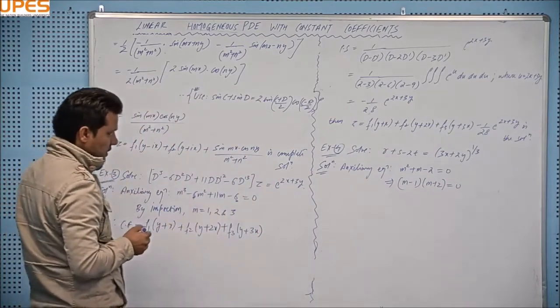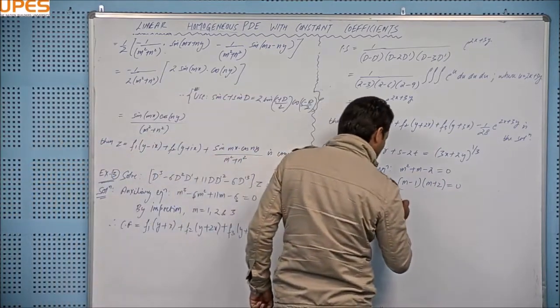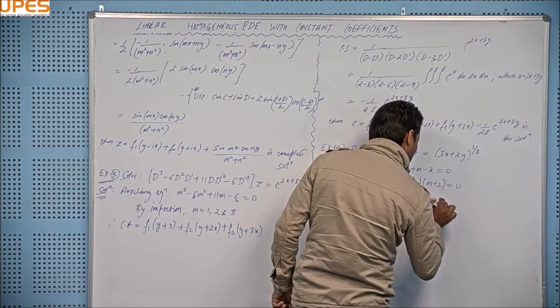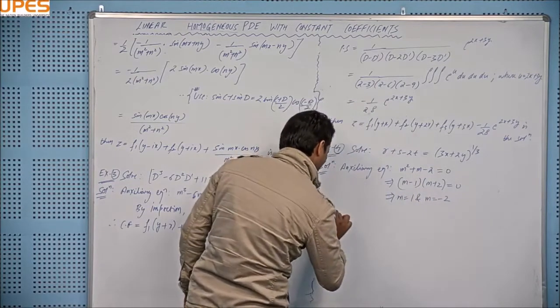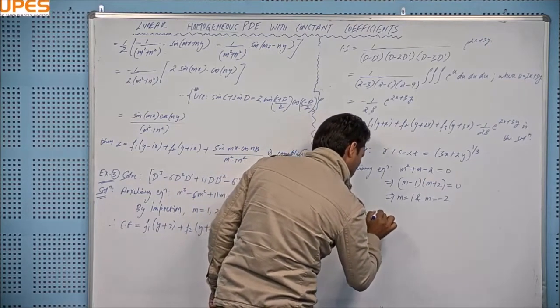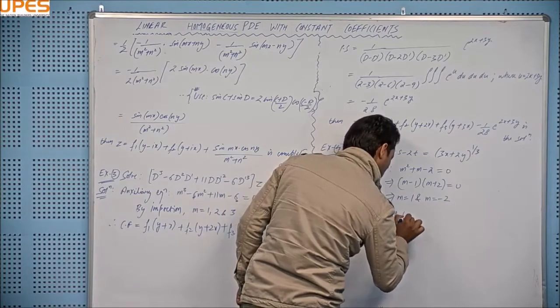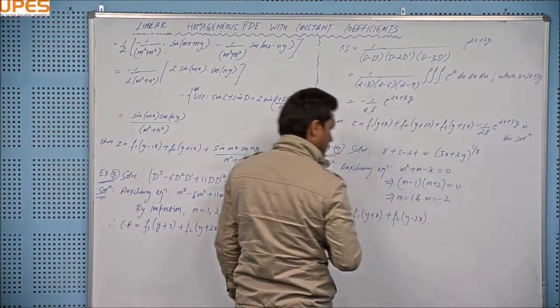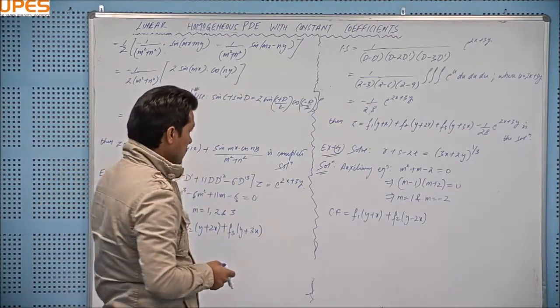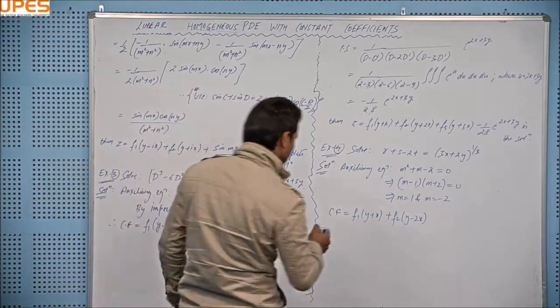Then I will get m equal to 1 and m equal to minus 2. So roots are distinct. So the complementary function will become f1(y plus x), f2(y minus 2x), where f1 and f2 are arbitrary functions.